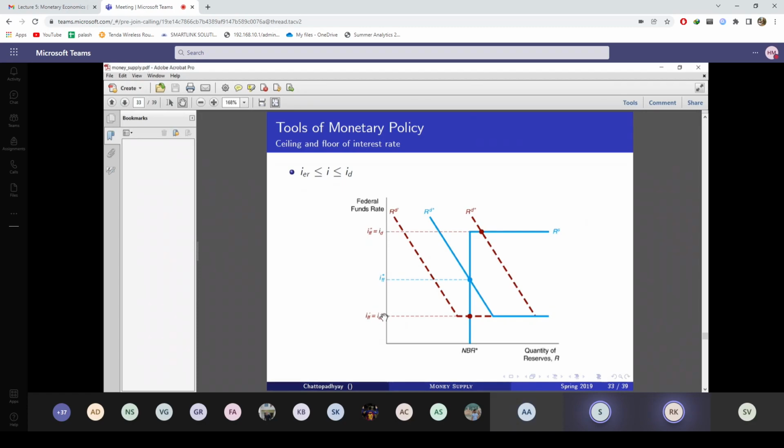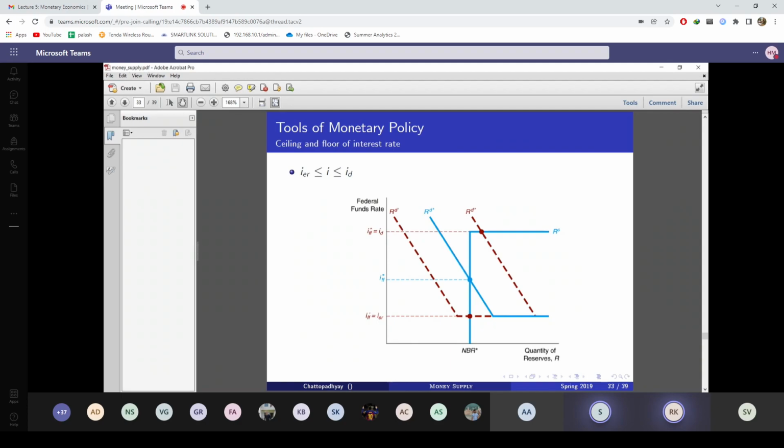As I said, for India IER is 0, and IER was 0 before 2007-2008 for the US also. But when the market interest rate hits 0, a liquidity trap kind of situation, then they realize, oh my goodness, my economy is in recession.